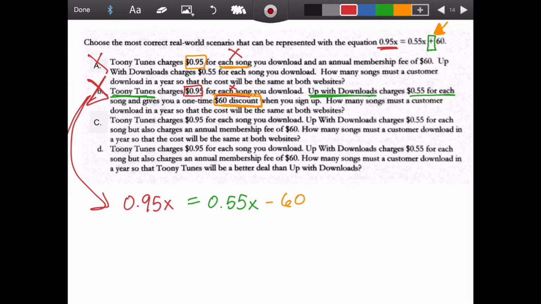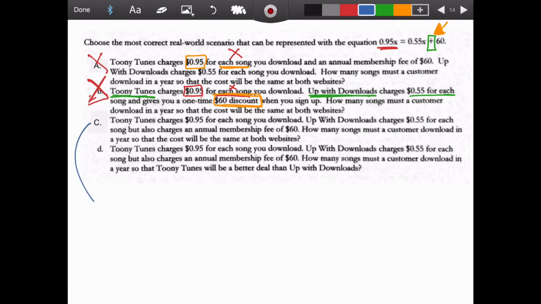Let's move to option C. Erase that. Moving along to option C. It says Tony Tunes charges 95 cents for each song you download. So Tony Tunes, 95 cents times each song.